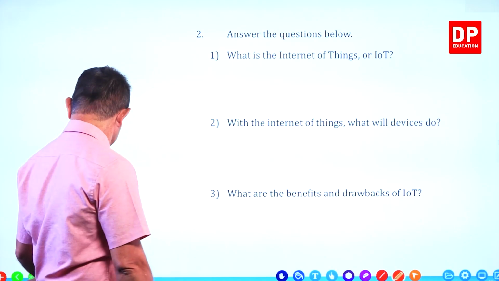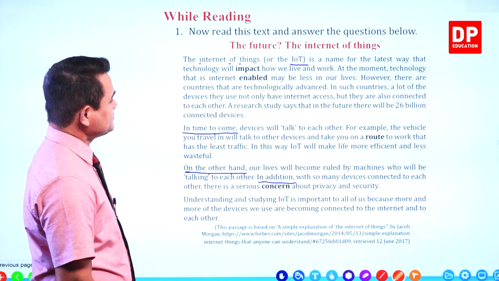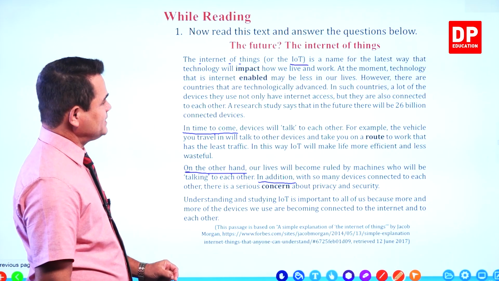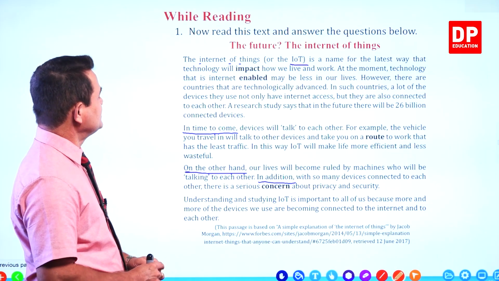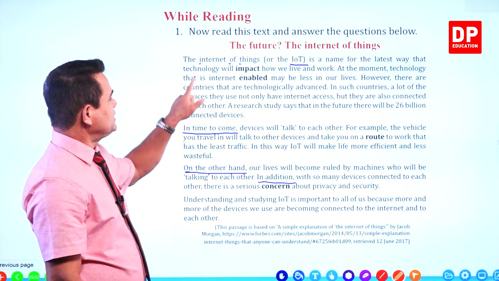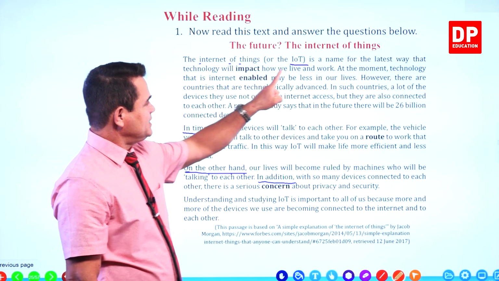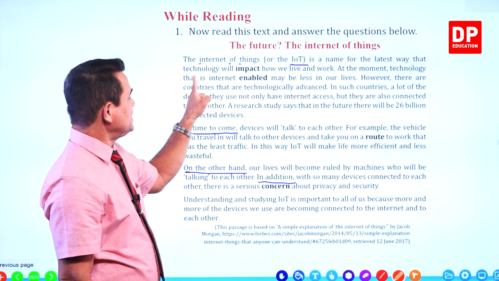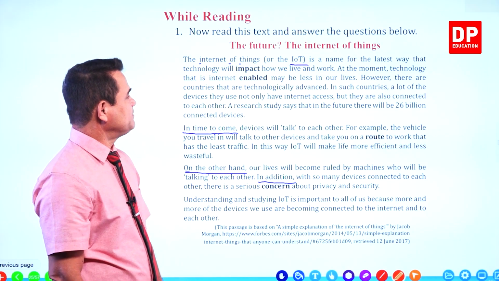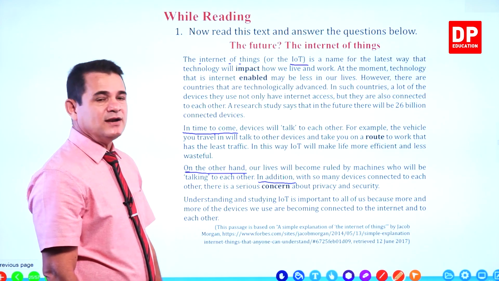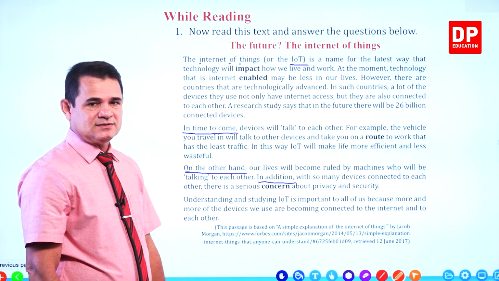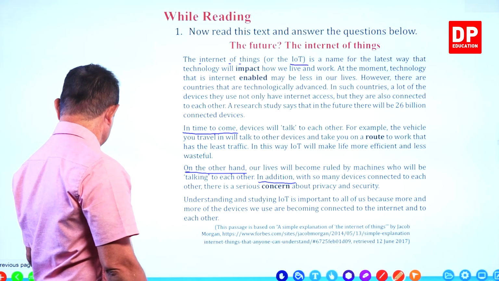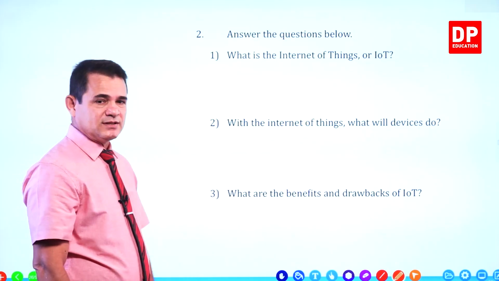We learnt it in the text here. Internet of Things means the devices that we use, different devices. Here, Internet of Things is name for the latest way that technology will impact how we live and work. Right, Internet of Things. එතකොට IoT නැත්නම් Internet of Things කියන්නේ මොනවද?